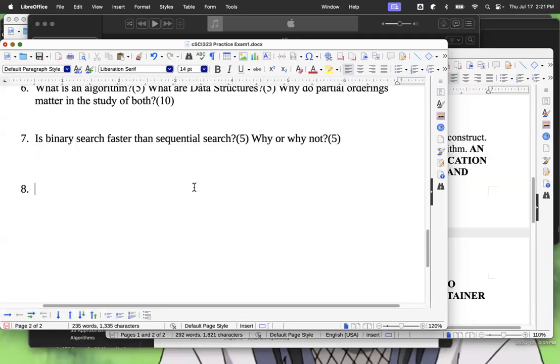Right, so let's suppose that you say define the following, and we have big O, and also little o.